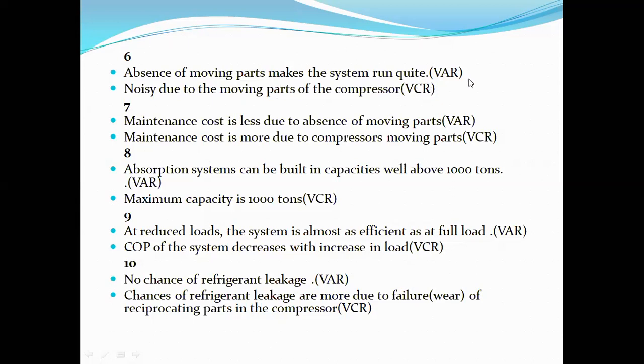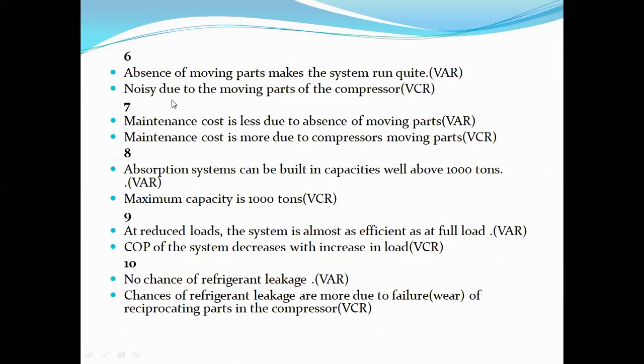Absence of moving parts makes the system work very smoothly in the vapor absorption refrigeration system. Because of the moving parts, that is the compressor, the system is more noisy, not so smooth, in the vapor compression refrigeration system.